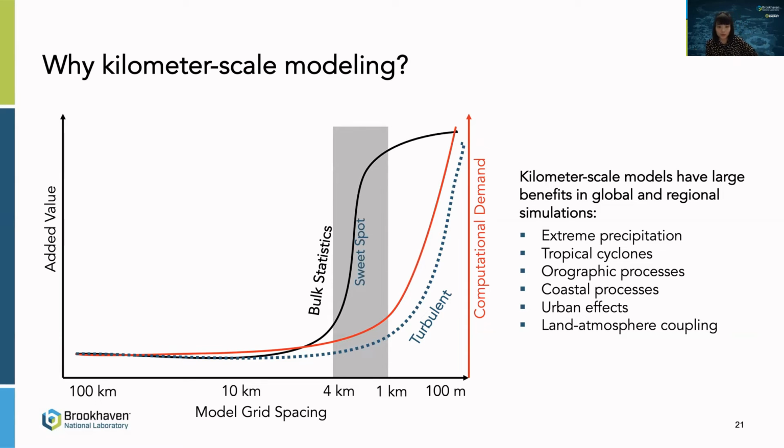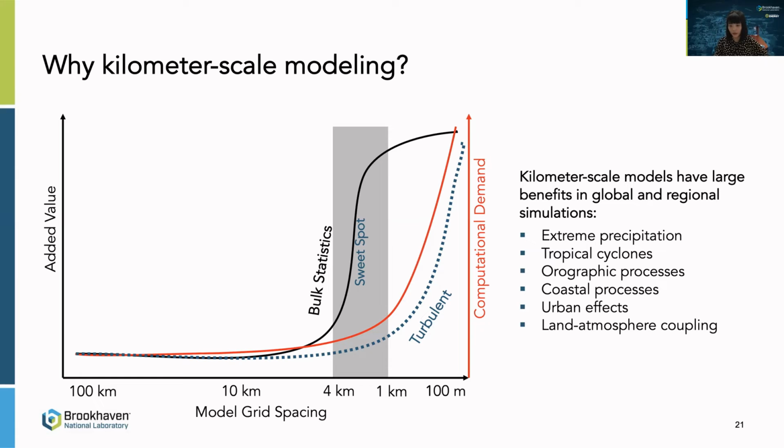In this model grid size, we can get a reasonable representation of an MCS, especially their anvil size and precipitation extremes, also the propagation speed and direction, without spending too many computational hours. But within this model grid size, we don't fully resolve the turbulent motion. So that will have an influence on the storm dynamics.